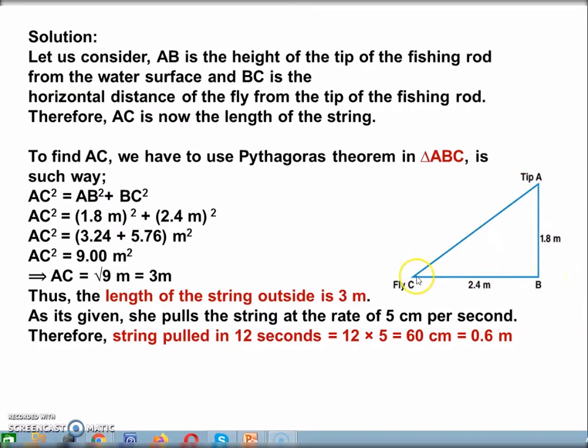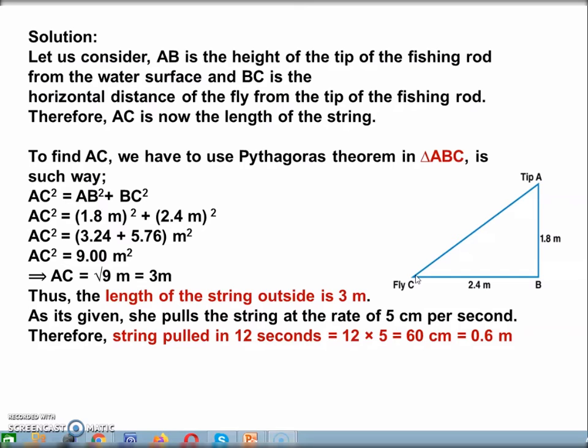So I will be finding the initial length of the string which is outside using Pythagoras theorem. So AC square is equal to 1.8 whole square plus 2.4 whole square. So that I will get as 3 meter after calculating. That is the length of the string initially. Now she is pulling the string at the rate of 5 centimeter per second.